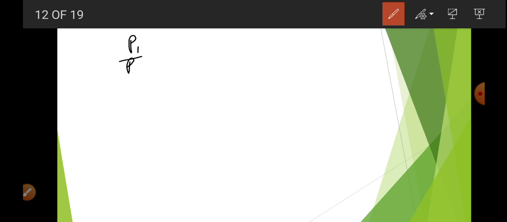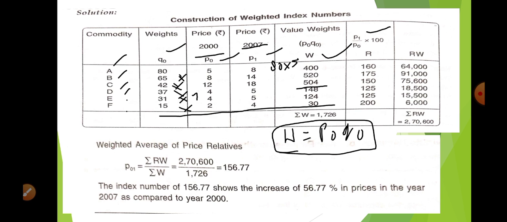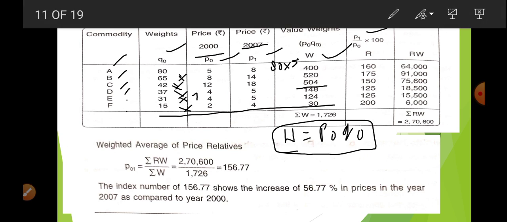P1 upon P0 multiplied by 100. So P1 is 8, P0 is 5, multiplied by 100. When we divide, 5 2s are 10, 20. So 8 multiplied by 20, it will be 160. So here you can see in this way this 160 is calculated.